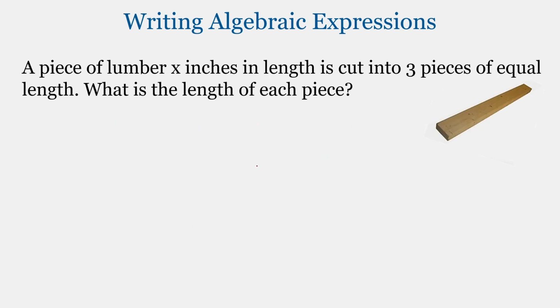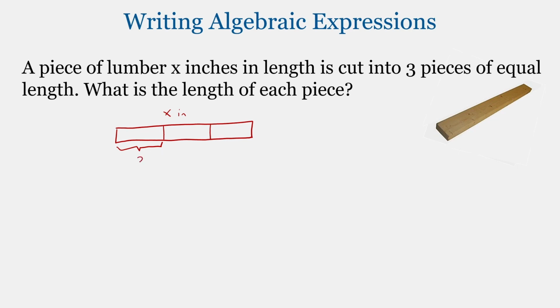A piece of lumber, x inches in length, is cut into 3 pieces of equal length. What is the length of each piece? So we have a piece of lumber, and it is x inches in length. And we're going to cut this into 3 equal pieces. And we want to know what is the length of these pieces. So each piece is going to have the same length. They were equal pieces.